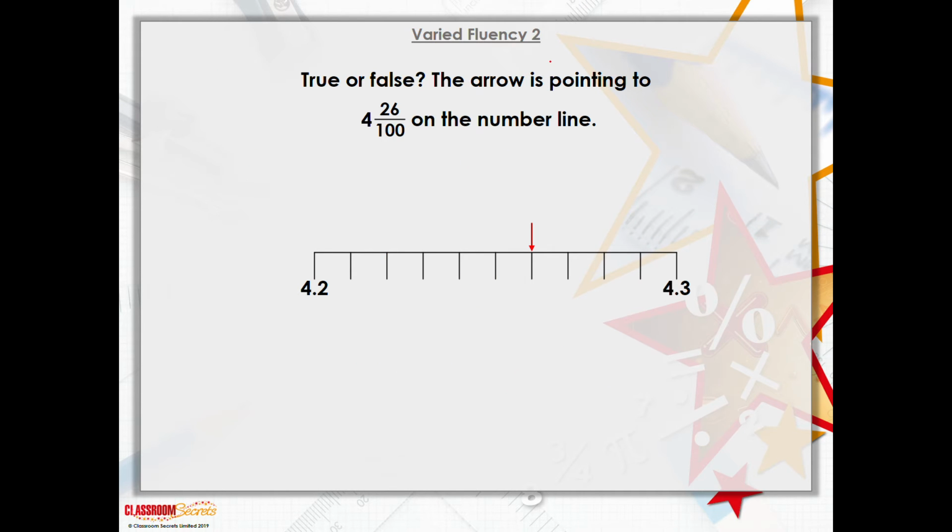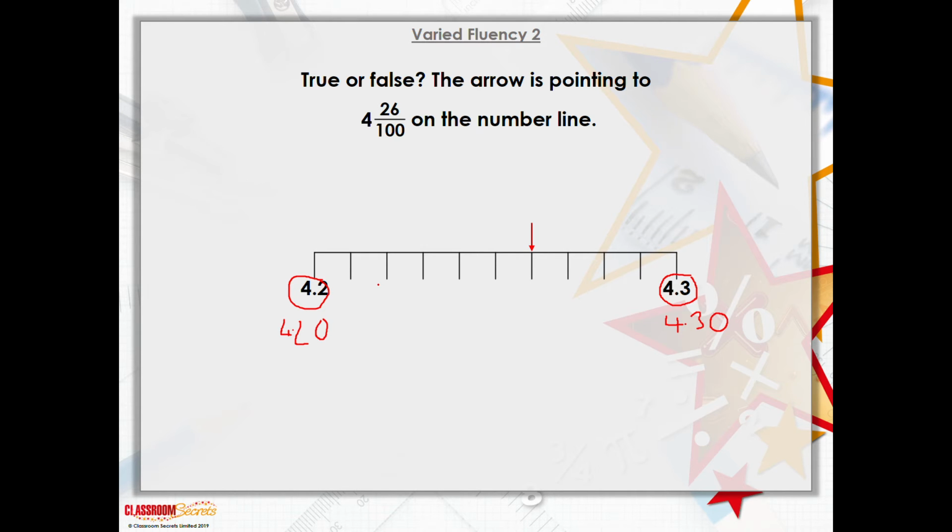True or false? The arrow is pointing to 4 26/100 on the number line. If we look at the start of the number line, it's 4.2, and here at the end it's 4.3. We can also represent this as 4.20. That's 4 whole numbers, 2/10 and 0/100, which is the same as 4.2, and 4.30.